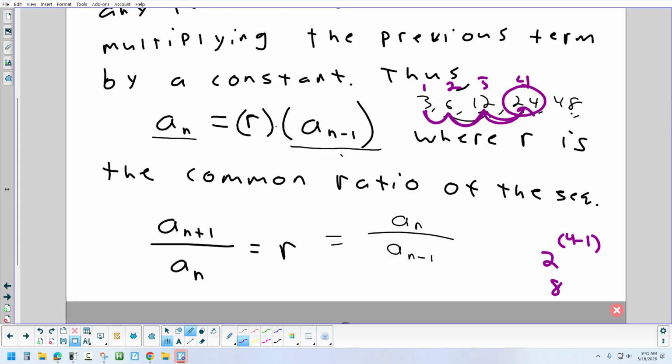So instead of 8, we get 24. Something we haven't used that we're going to have to use in that sequence, and we used this in the last formula.